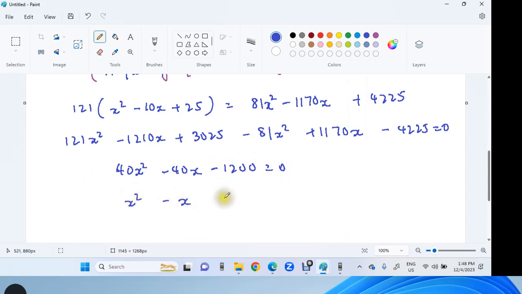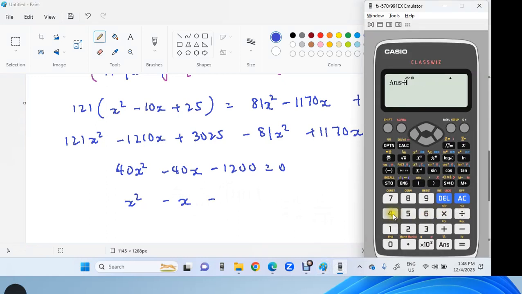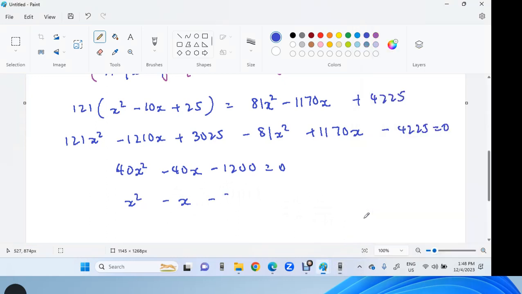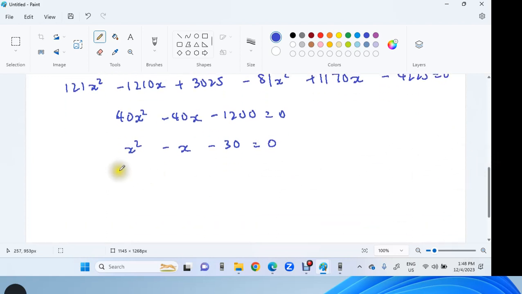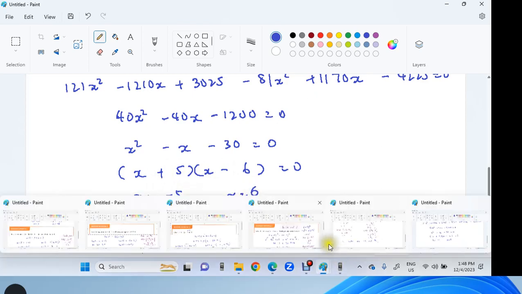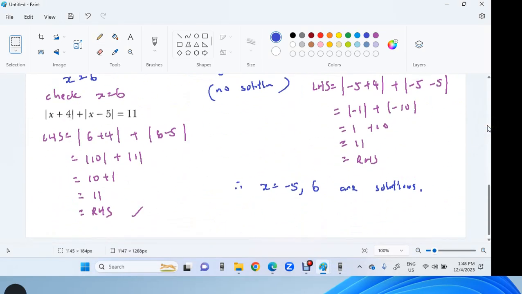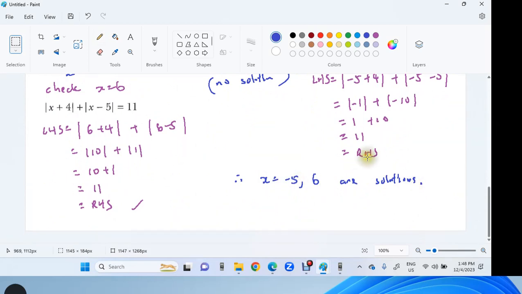X squared minus x divided by 40 is 30 equal to 0. Five six is thirty, so we have x, 5 and 6, minus 5. So x equal to negative 5, x equal to 6.